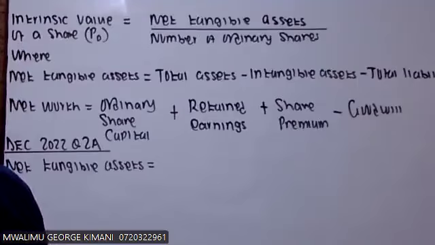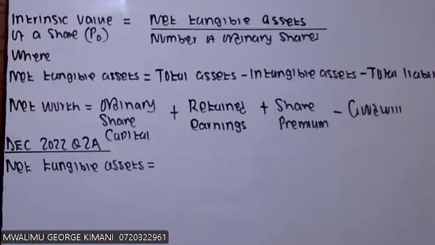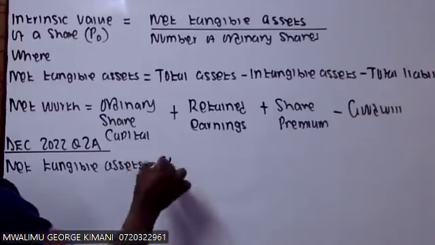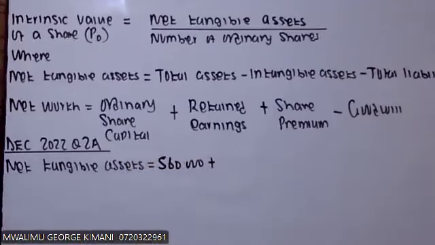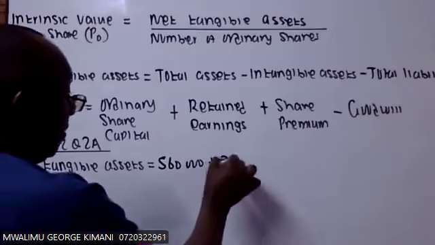Total assets will be the 560,000, that is the non-current, plus the current, which is a summary of 320,000.